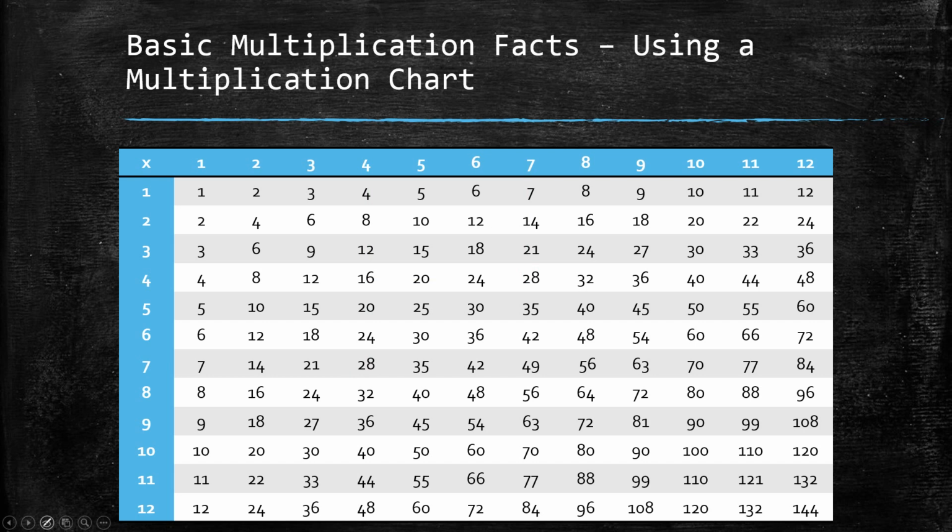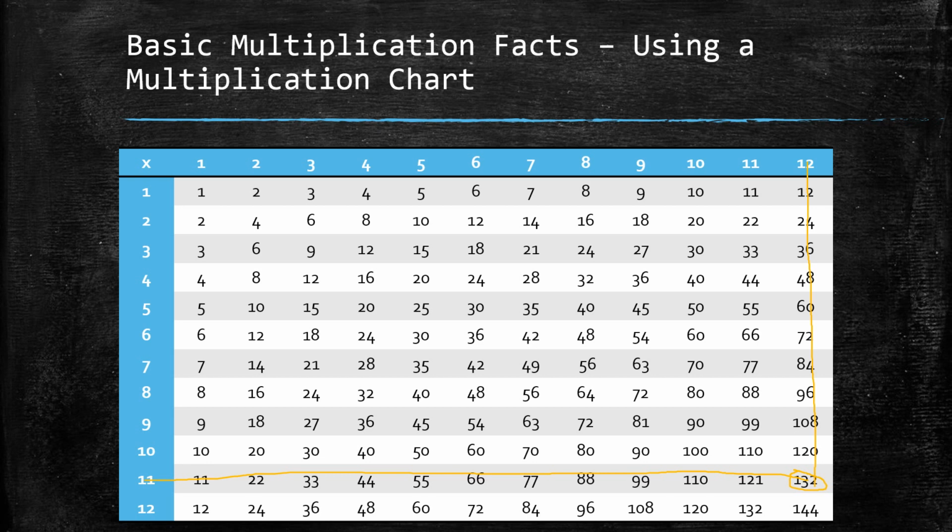Now if I show you one more example, 12 times 11, a bit harder. I'll show you both ways again. If we start with 12, go down until 11, and across, and where they intersect or meet, my answer is 132.